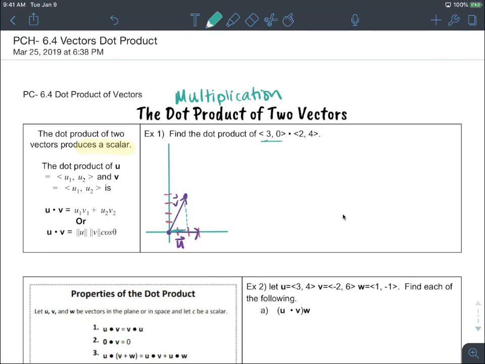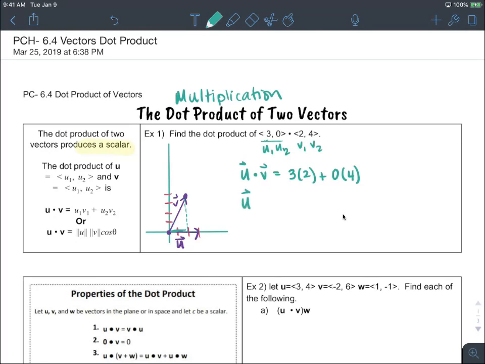So in order to figure out the dot product, we have u1, u2, and v1, v2. The dot product u dot v is equal to u1, so in the x direction, times its multiplier, 2, plus in the y direction, 0 times 4.